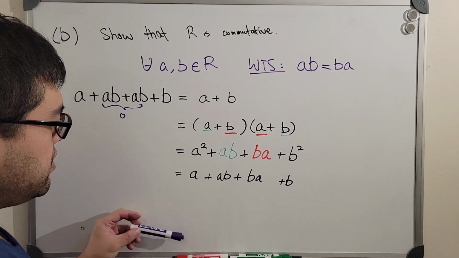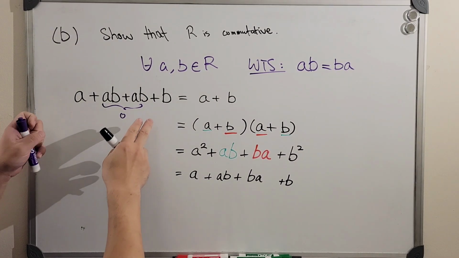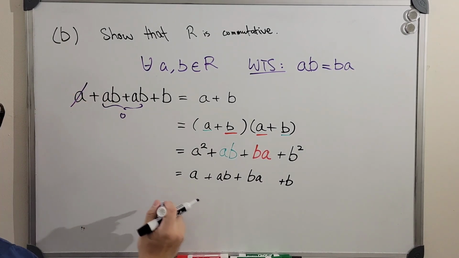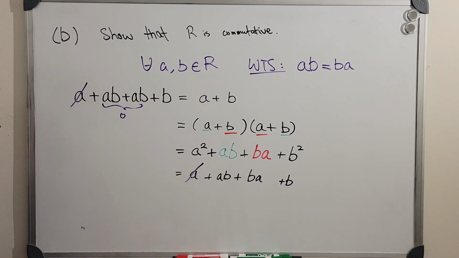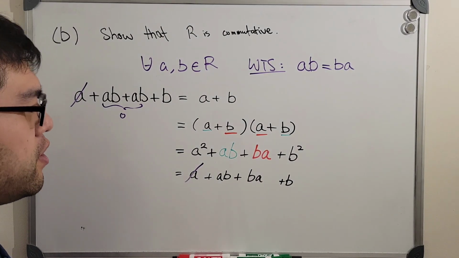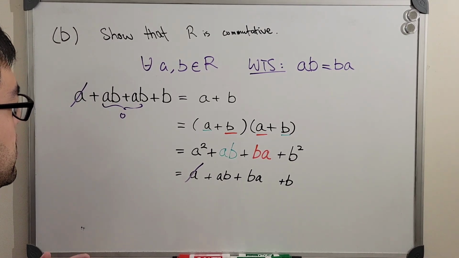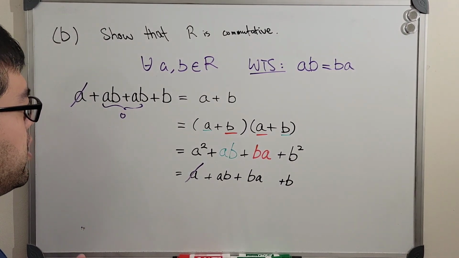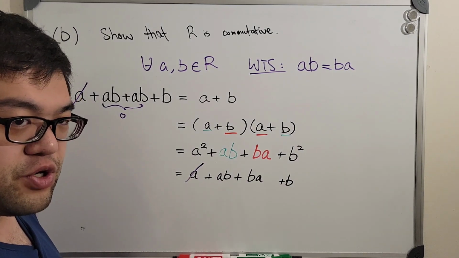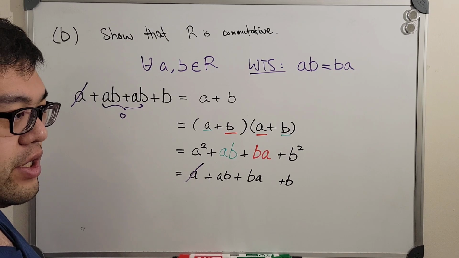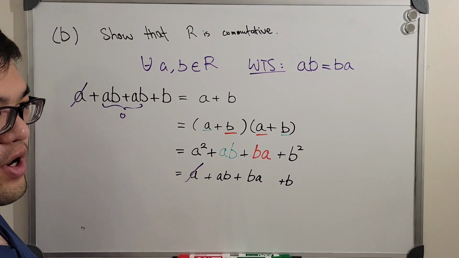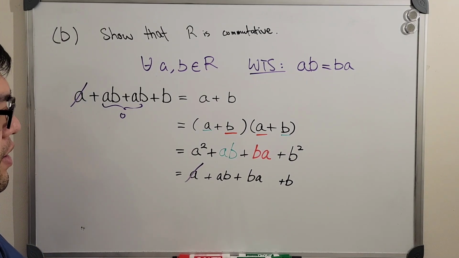Finally, we can cancel out the A and the B on the left-hand side, because for any ring, addition is commutative. So we can rearrange the order. Also, we know that the addition part already forms an abelian group.